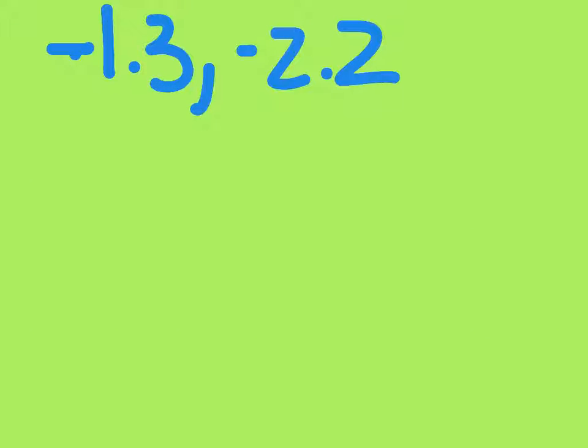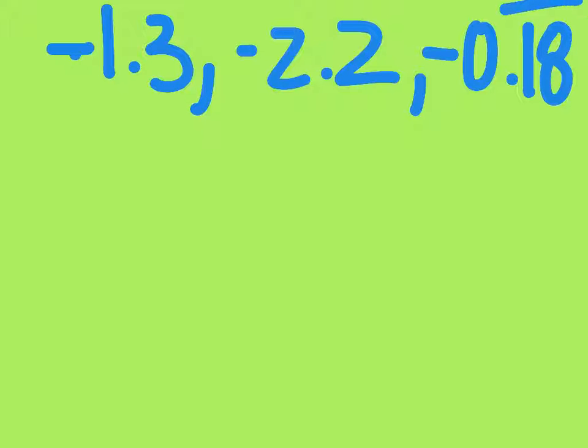Now that we have our numbers, negative 1.3, negative 2.2, and negative 0.18 repeating, we have to order them from least to greatest, okay? So obviously they're all going to be negatives, so we have to find the greatest negative or the one closest to 0, which would be this one.